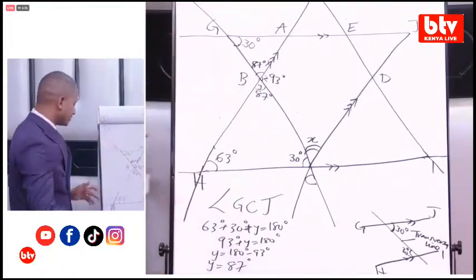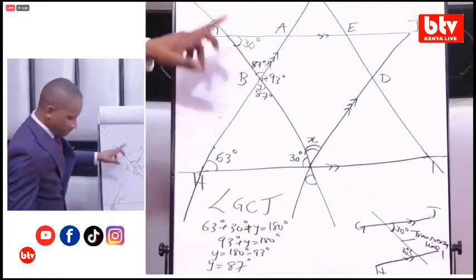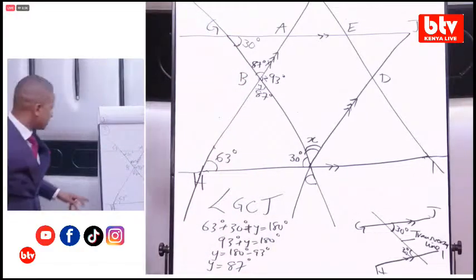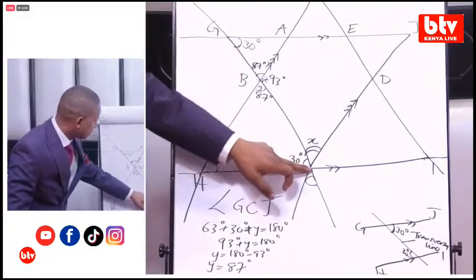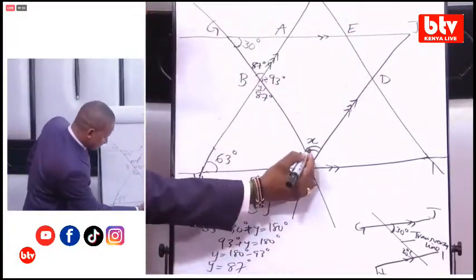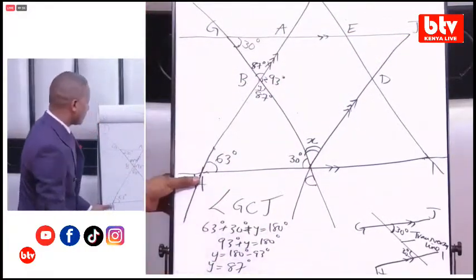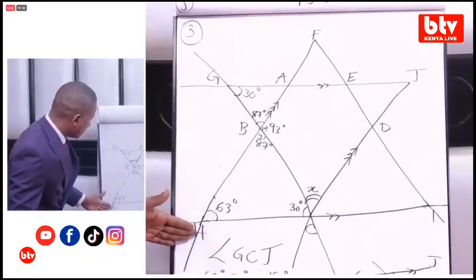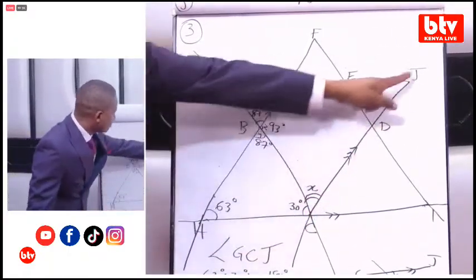But the question wants us to find angle GCJ. GCJ, this is what we want. Now, we also have FH parallel to CJ.